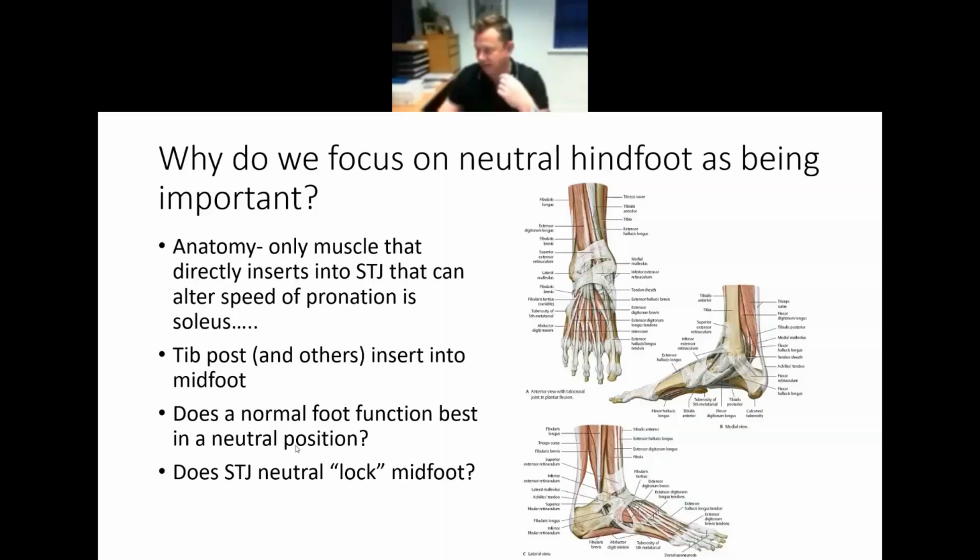Is that true? No, it's not true. It's a nice idea, a simple concept. But again, back to the language that we use, is that actually true? And the reality is it's not.